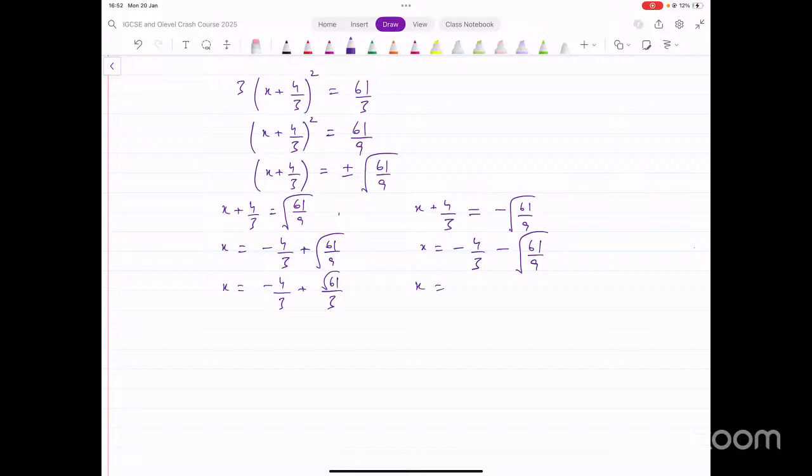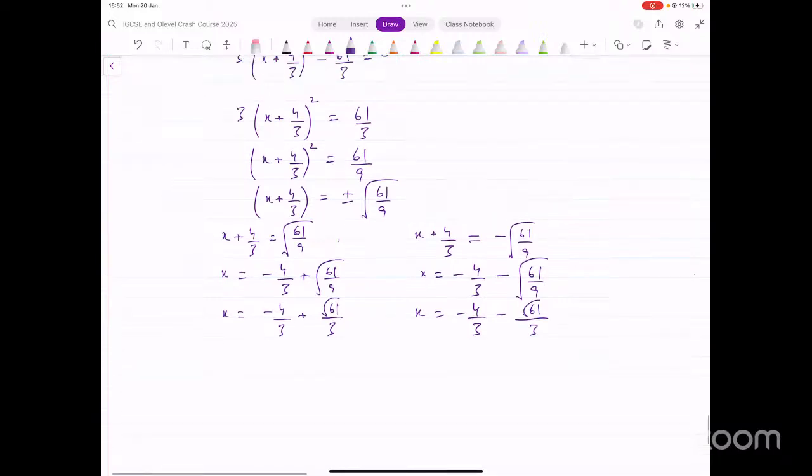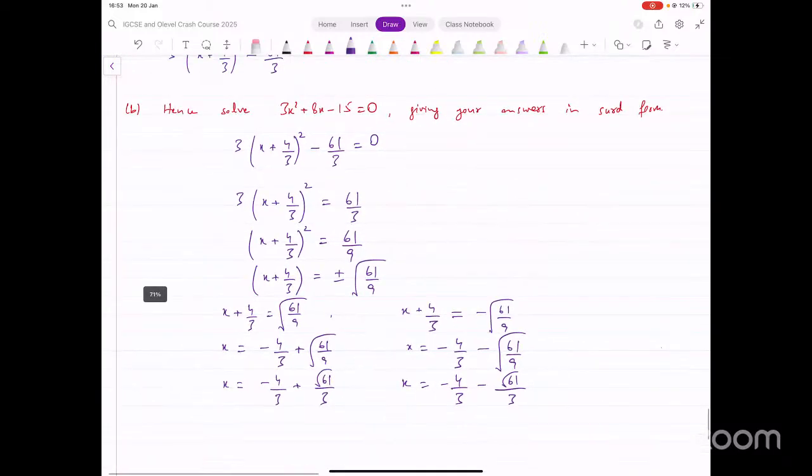You could leave it in the previous form as well because that's a valid surd form, or you could simplify it like this, with the denominator being outside the square root because square root of 9 is 3. These are the two values of x that you get as the solutions to that equation in surd form. If you wanted to write this in decimals, you could put this on your calculator and you get the decimal value. Otherwise, you leave your answers like this.